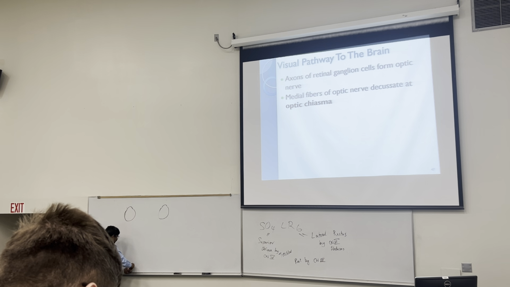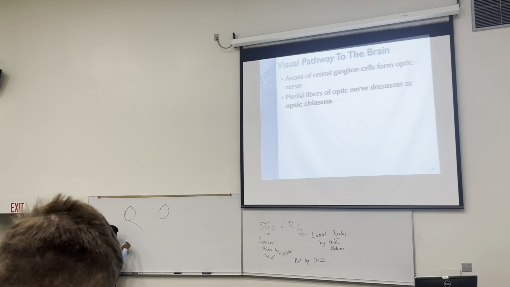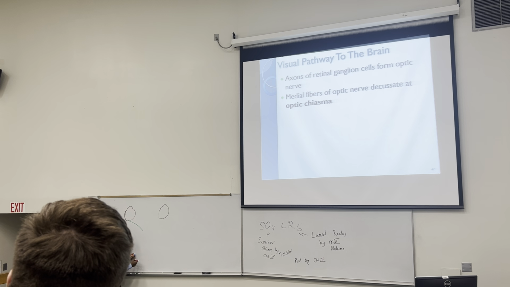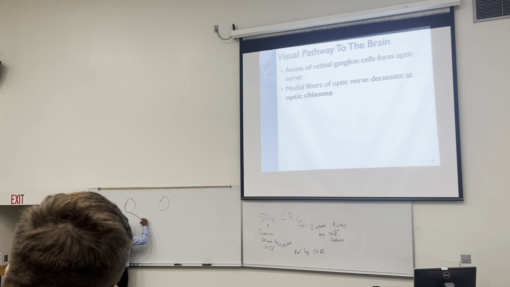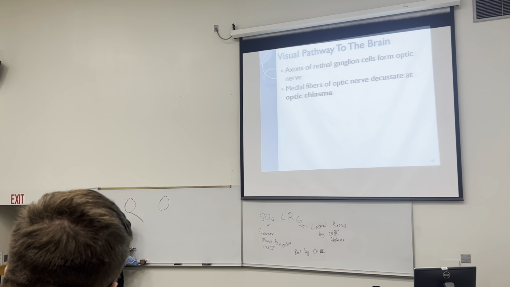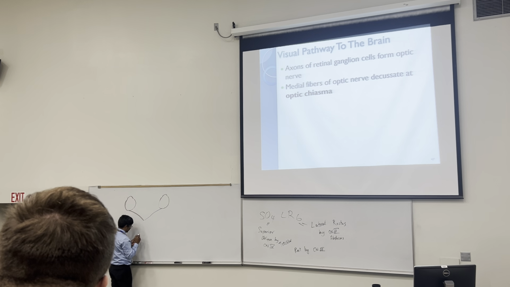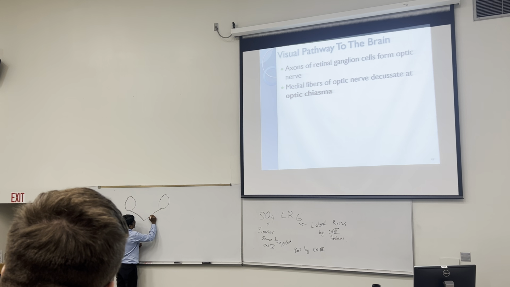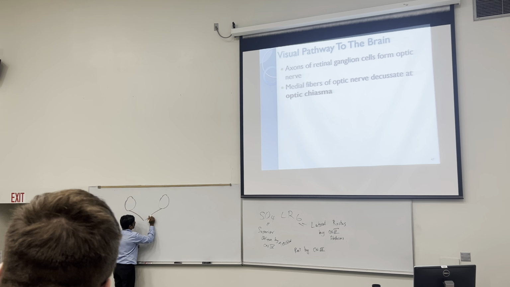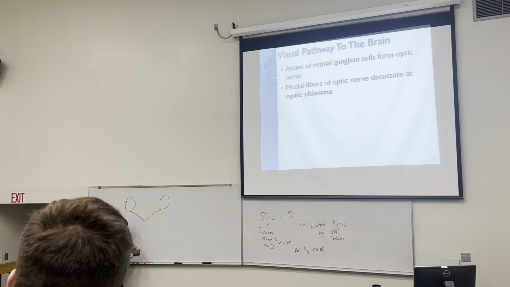Okay, so let's draw the eyeball. We draw just 2 colors showing the 2 sides coming from the retina. These 2 are the optic nerves that are coming to meet at the optic chiasm.